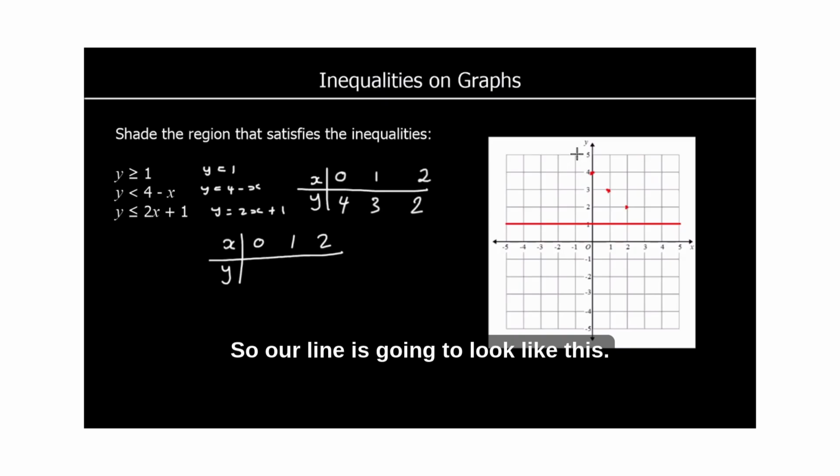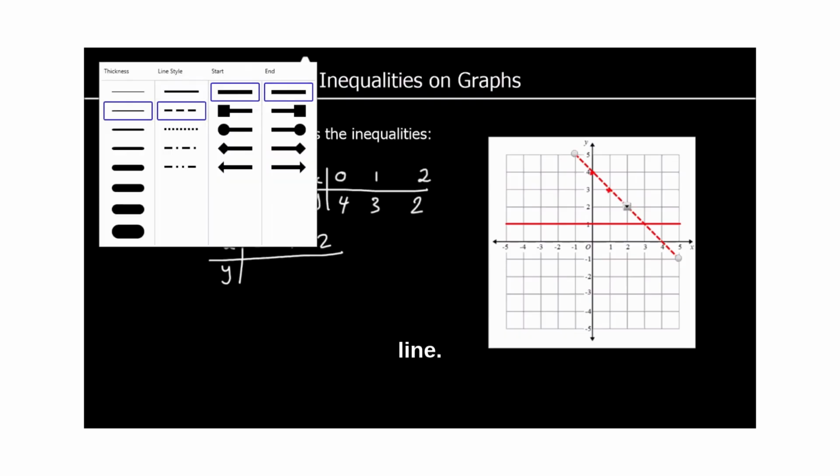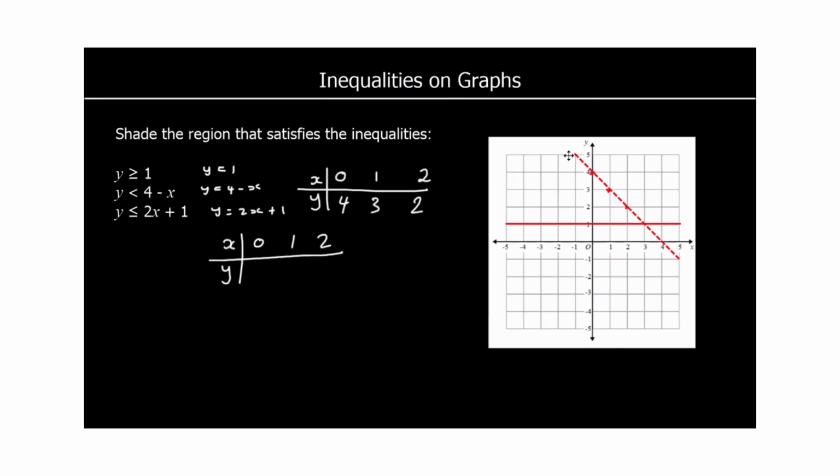So our line is going to look like this. But remember, it can't equal it, so it needs to be a dotted line. So we draw this as a dotted line. So the one that is or equal to is solid, and if it can't equal it, it's a dotted line.